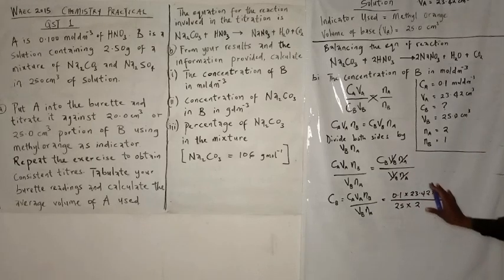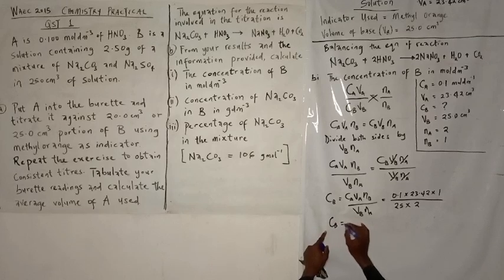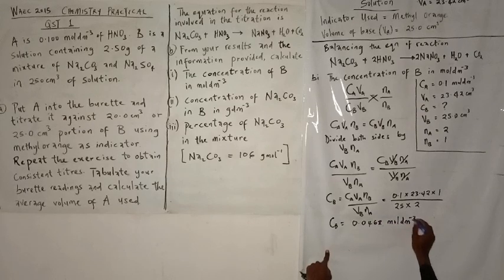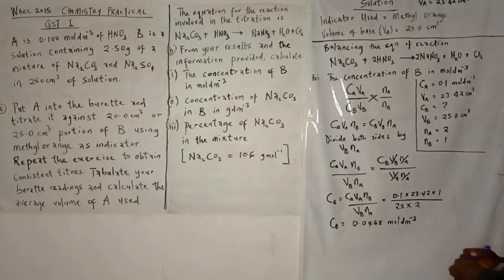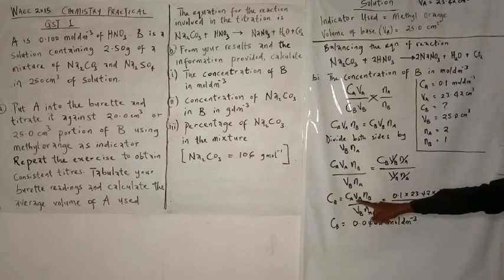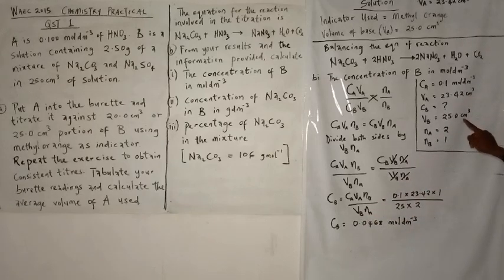So if we do this, we're going to have that Cb, the concentration of B in mole per dm cube, will be equal to 0.0468 mole per dm cube. Now you will notice here that our Va is in cm cube, our Vb is in cm cube, so their units can cancel out.